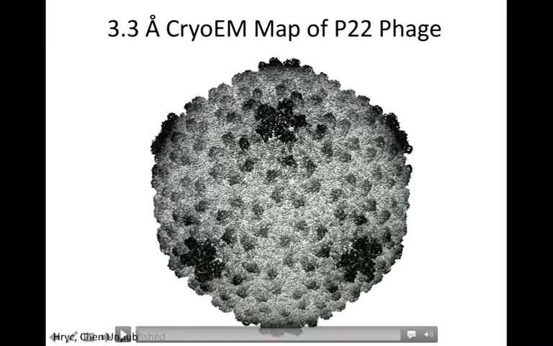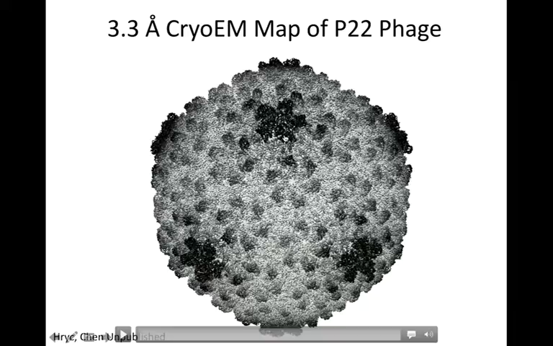This is a surface rendering display of the density map, and as shown in this static image, it has the characteristic pattern of what we call hexameric capsomeres, and there are 60 of these capsomeres, and then 12 of these pentameric-appearing capsomeres.